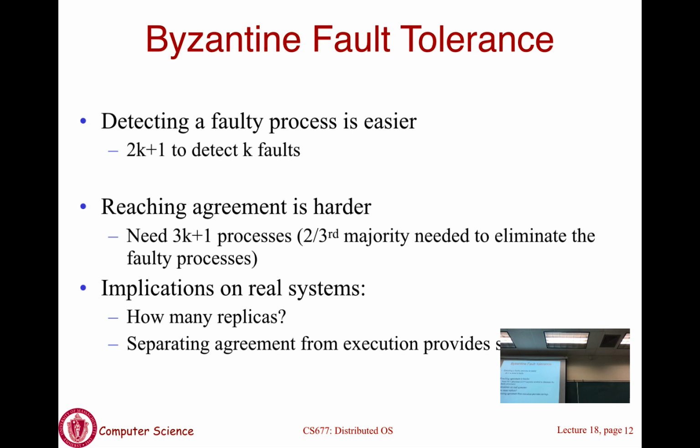Today we are going to also look at, among other things, a different technique to achieve agreement or consensus in the presence of crash faults, not Byzantine faults, and we'll see that that actually needs 2F plus 1 nodes to reach agreement or consensus, where nodes agree on something. The nodes are not Byzantine; they are just failing silently. If you need Byzantine agreement, then you need 3F plus 1 nodes.